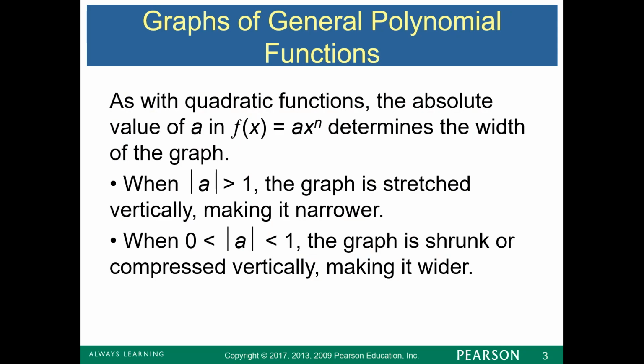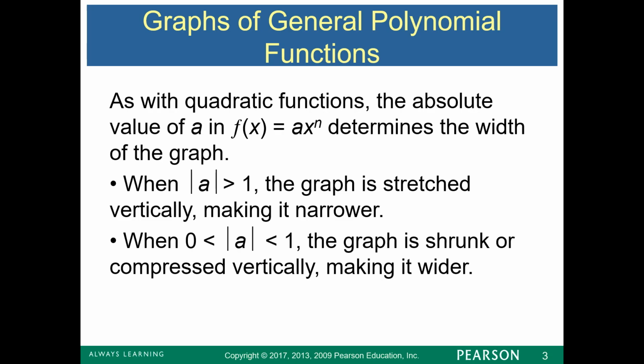So if you look at the slides, you can see that if you have a function f(x) equal to a times x to the power n, the value of a determines the what? The width of the graph.